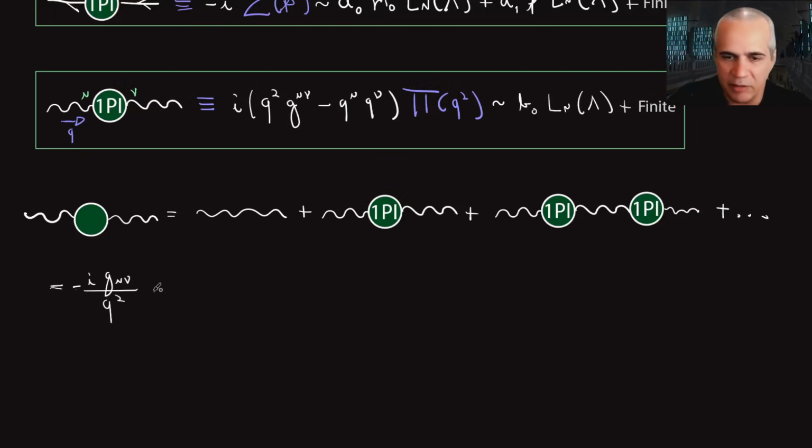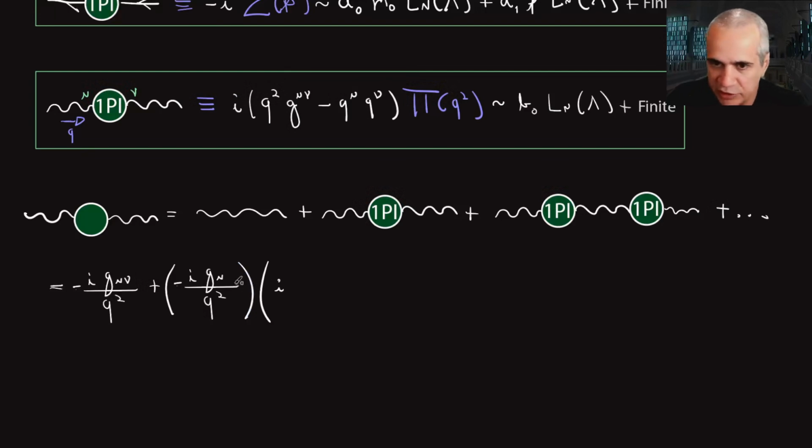This next diagram will be given by the free photon propagator times this one-pi function, which is defined right here. Of course, the Lorentz indexes must be contracted, so let me change this nu to rho, right?